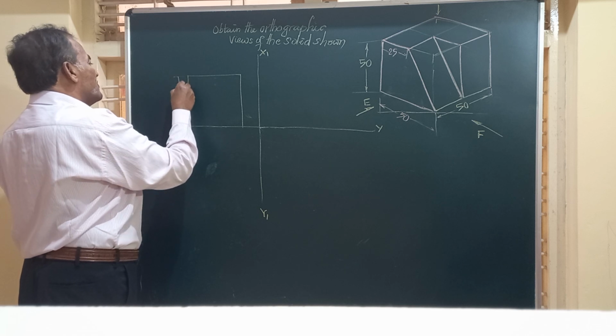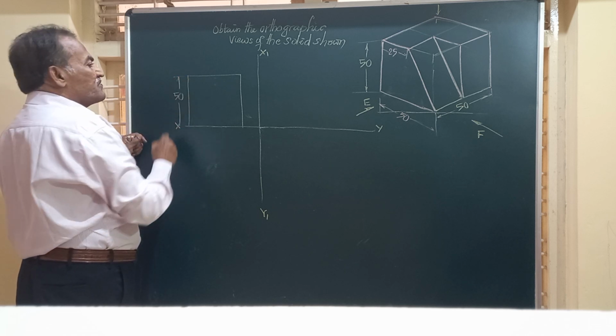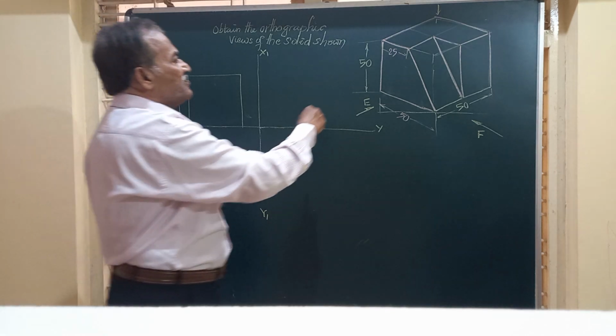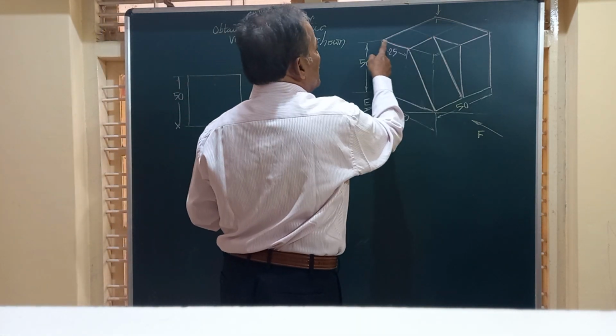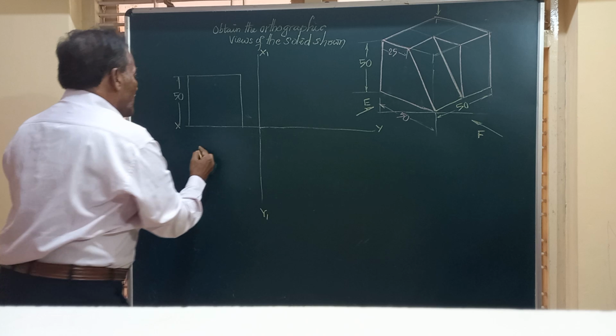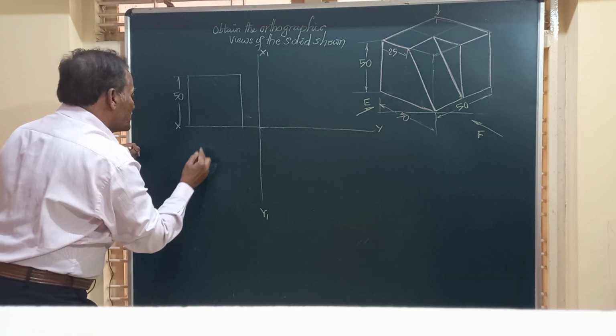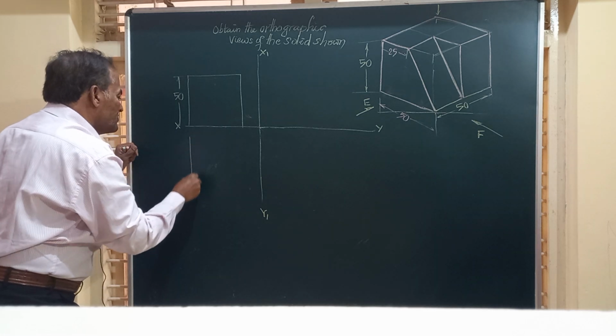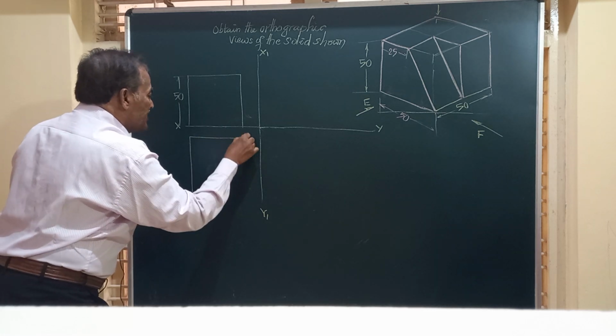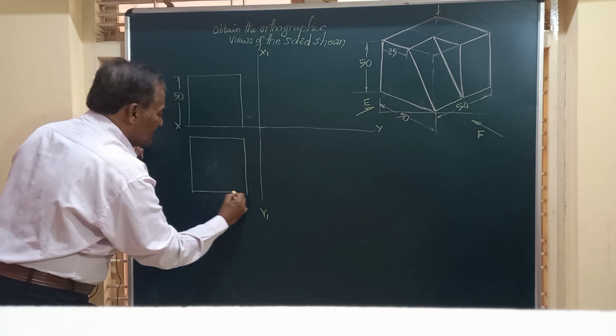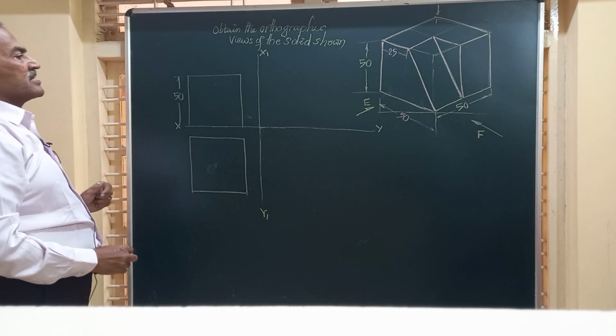And friends, similarly for the top view you have a square 50 by 50. So I am going to draw in the top view another square of the same dimension, 50 millimeter by 50 millimeter.